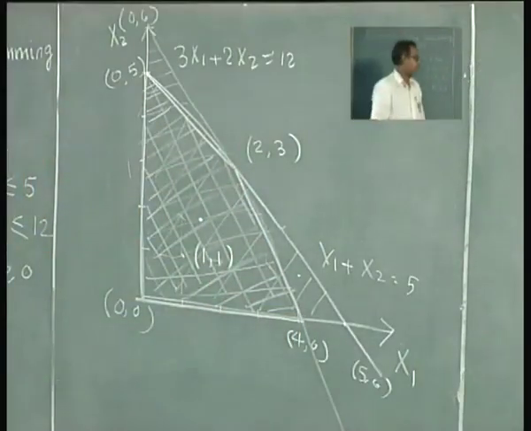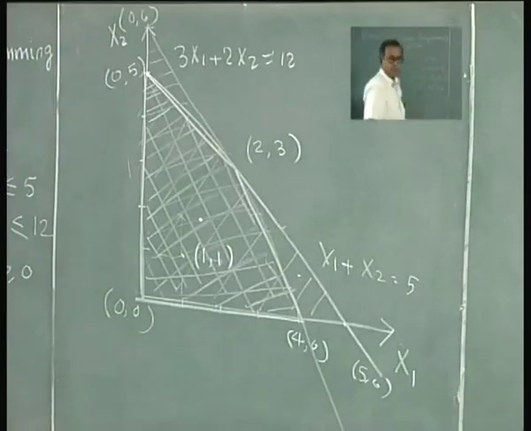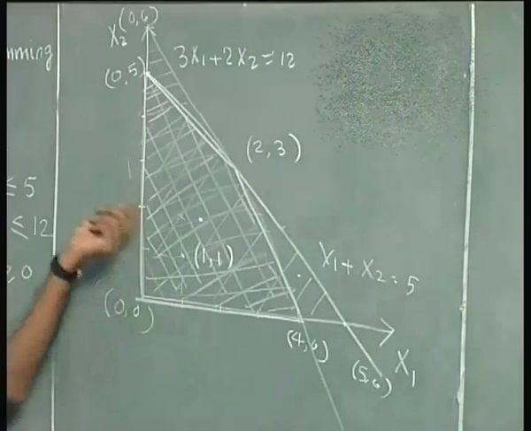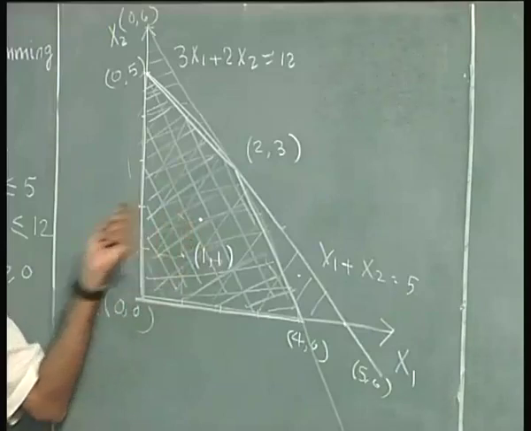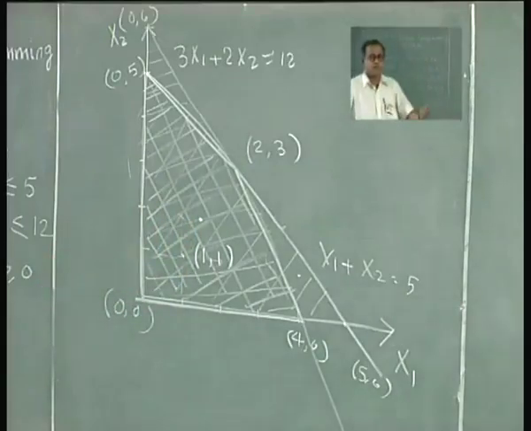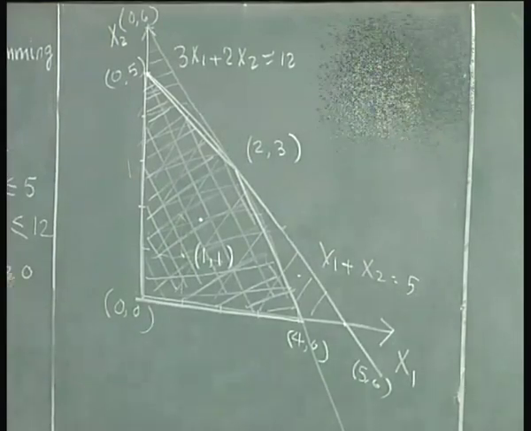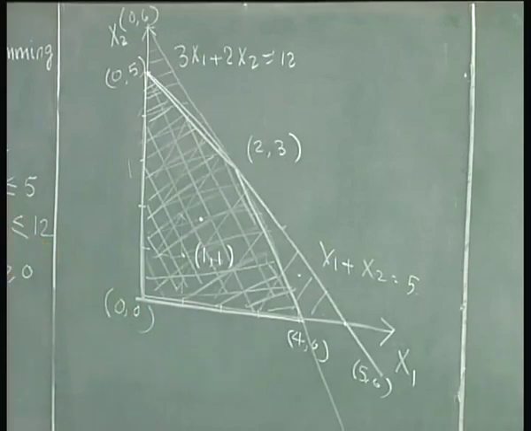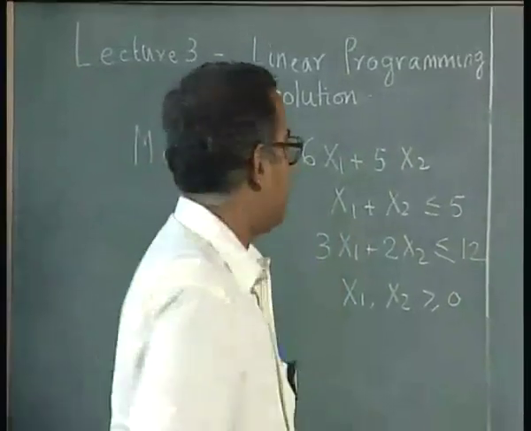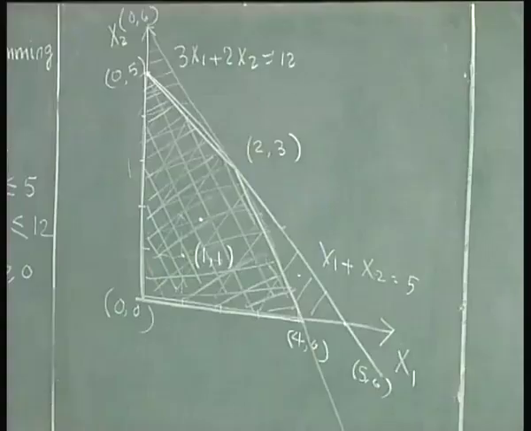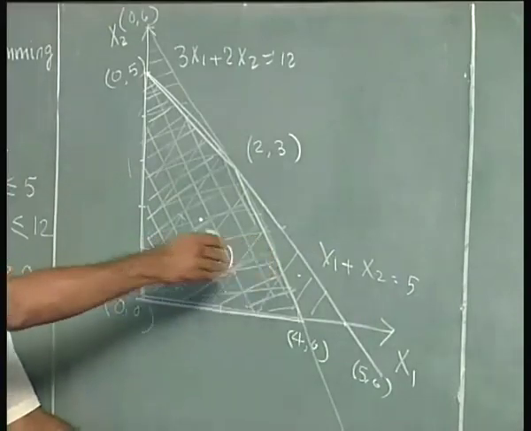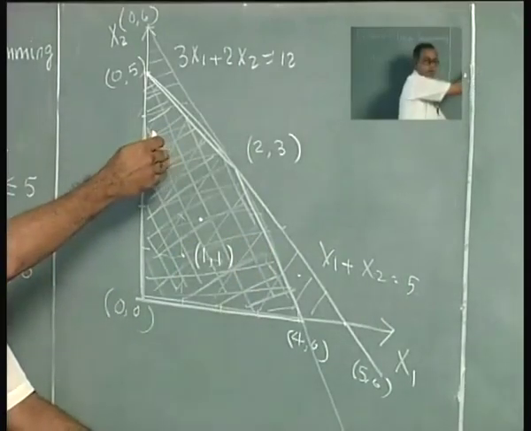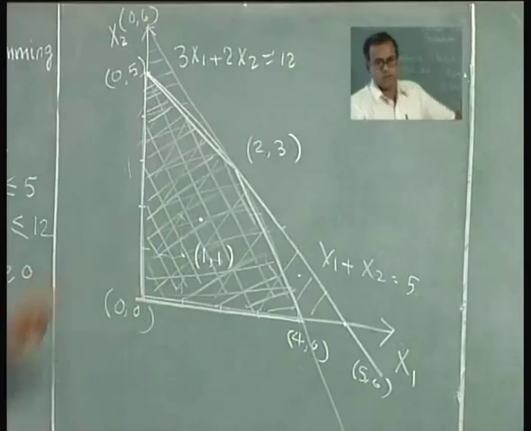Or to put it simply, for any linear programming problem, for every point that is inside this region, there is always a point on the boundary which will dominate that point with respect to the objective function. If there is a negative coefficient, then you would move either to the left or below depending on whether it is for x1 or x2. If there is a positive coefficient, then it is always advantageous to move to the right or move to the top to find a point which is on the boundary.